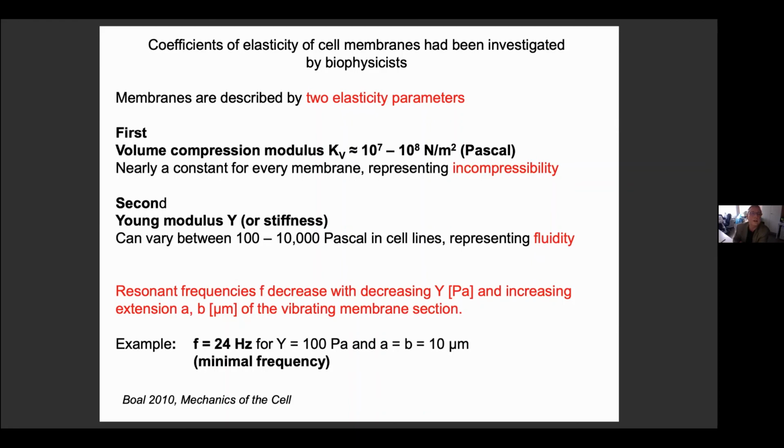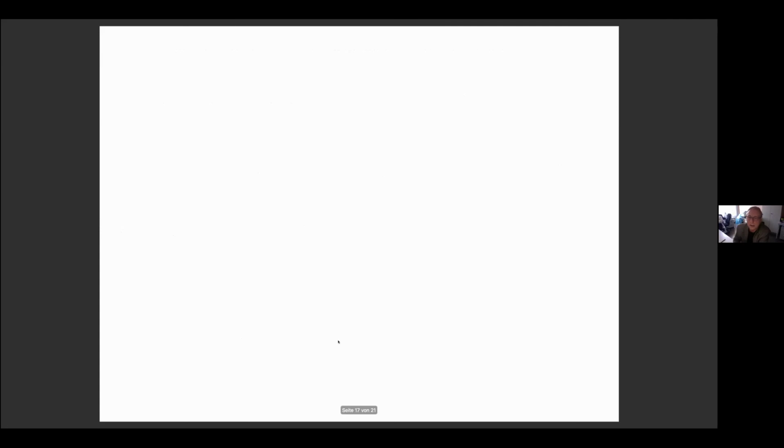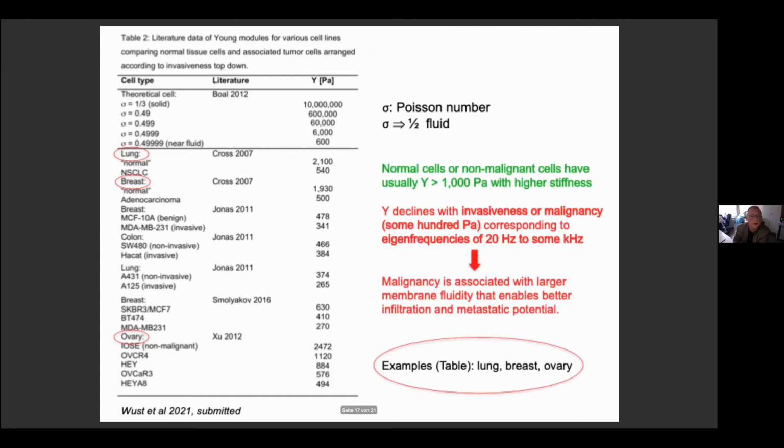If we look in the literature, there are already measurements of the Young modulus in several cell lines. And we see already that the normal cell here in the lung has mostly higher stiffness of larger than 1000 Pascal, but the tumor cells have decreased Young moduli or stiffnesses in the range of several hundred Pascal.